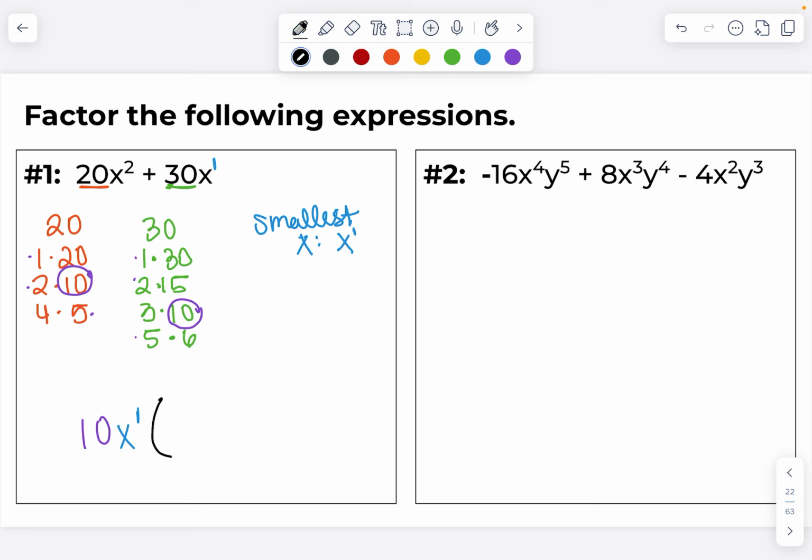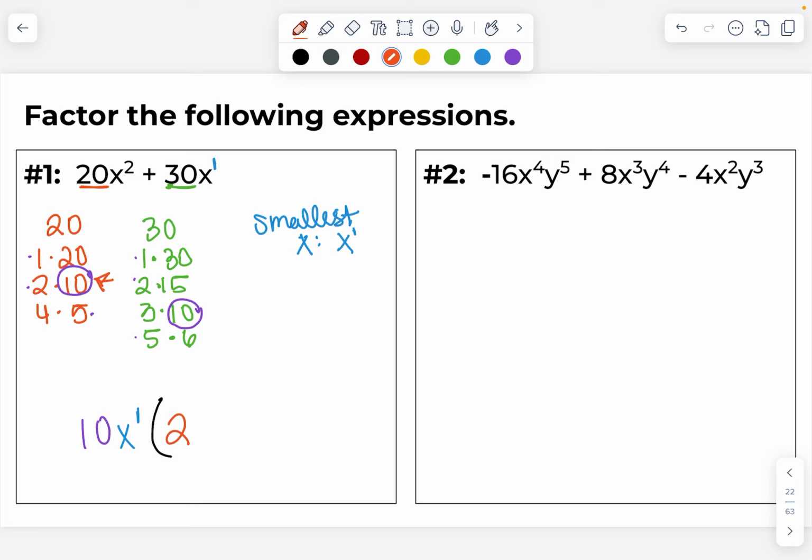And then what I leave behind: notice what times 10 gave me 20. I have it right here. So when I pull a 10 out, I leave behind a 2.